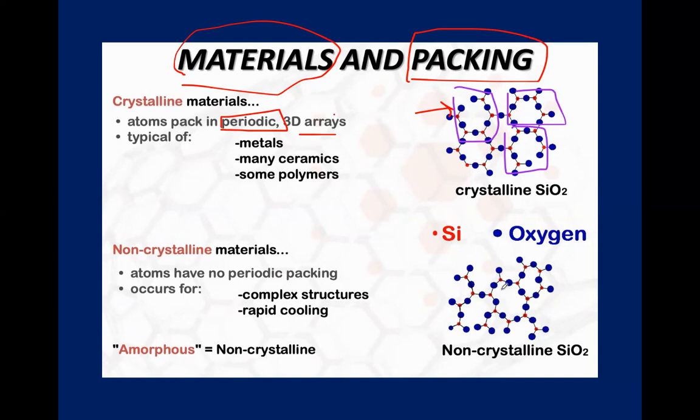But in some materials, you don't see this systematic arrangement. For example, here you have one shape, and here you have another shape, right? And here some other shape. So that is not systematic. So wherever the systematic internal arrangement is there, we call them crystalline materials. If not, we call them non-crystalline materials. Okay.